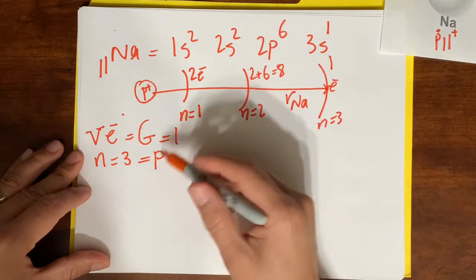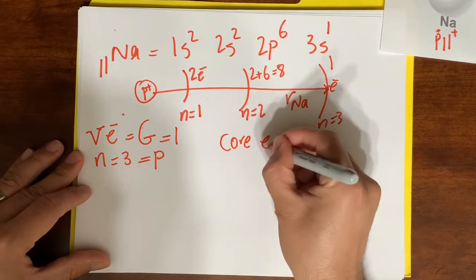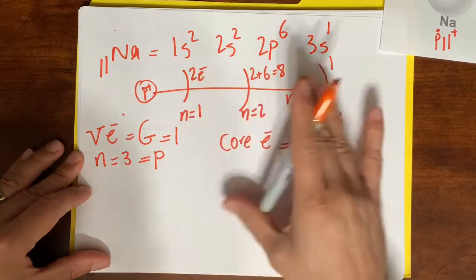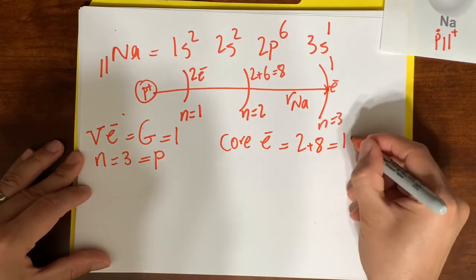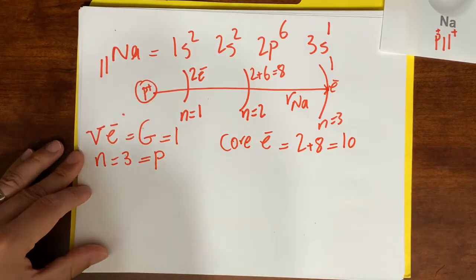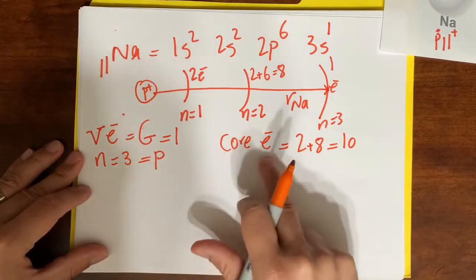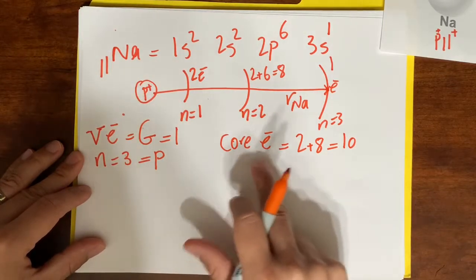It's just 1. Okay. How about core electrons? You cover the last layer, whatever is left, 2 plus 8, 10 core electrons. We have 10 inner electrons.